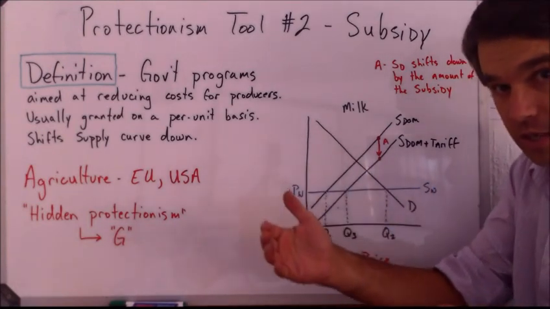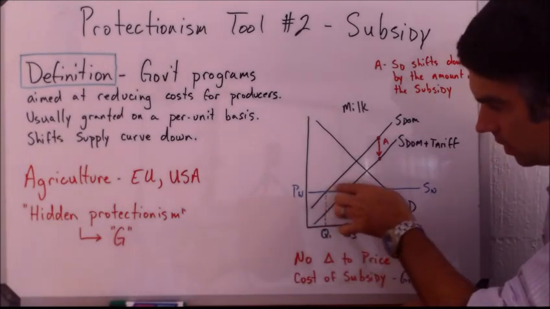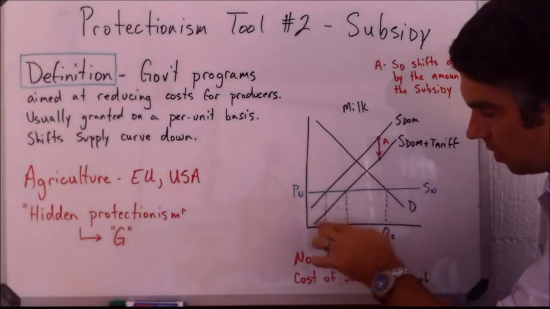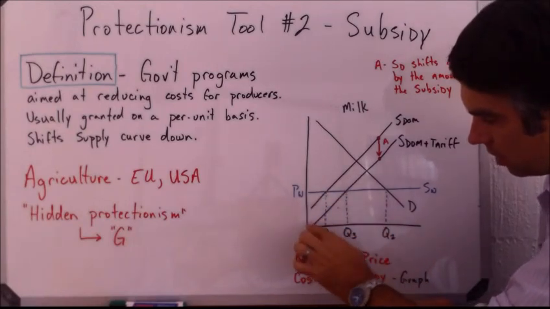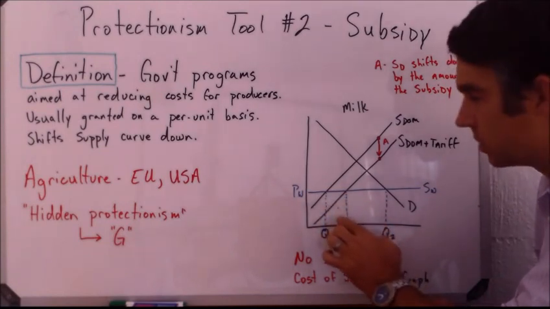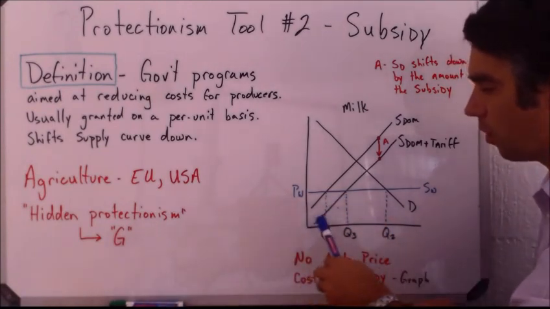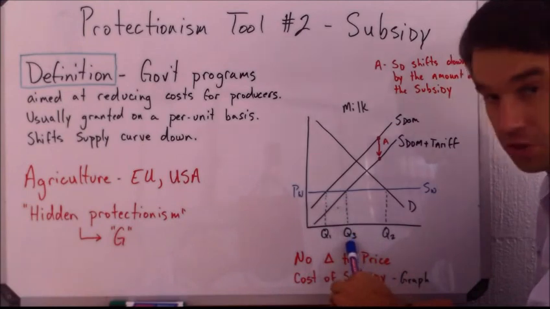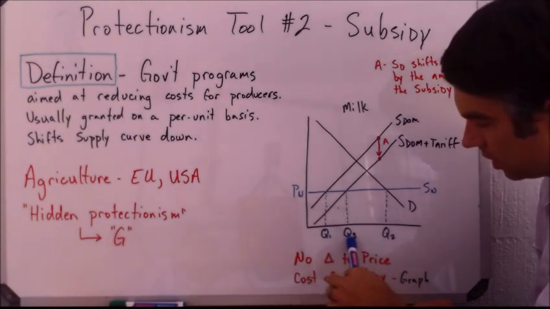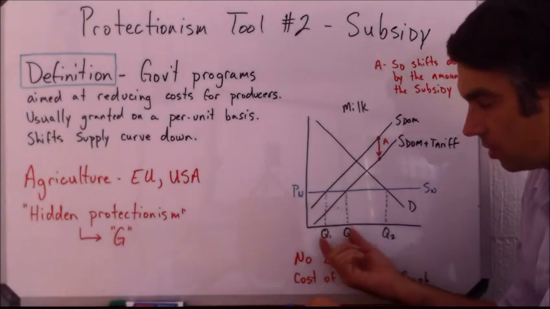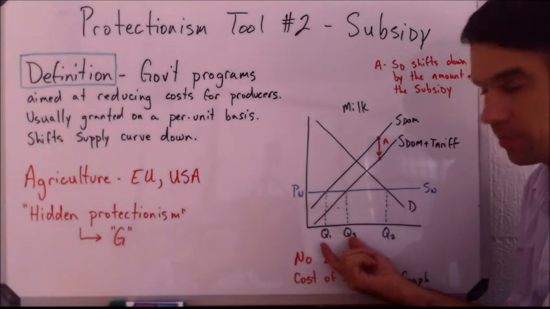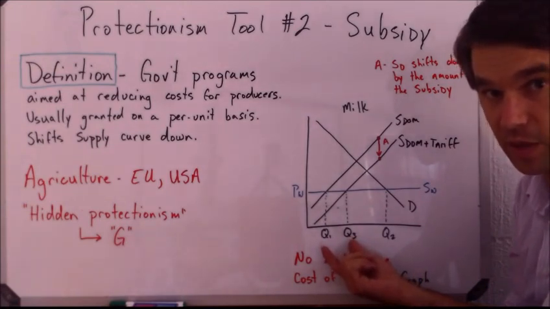So before the subsidy, the supply curve was here. After the subsidy, we see this gets pushed down, and now the domestic suppliers of milk, the domestic cows, I suppose, are more efficient up until Q3. So essentially Q1 to Q3, that amount used to be produced by foreign suppliers of milk, but now it's going to be produced by domestic suppliers of milk.